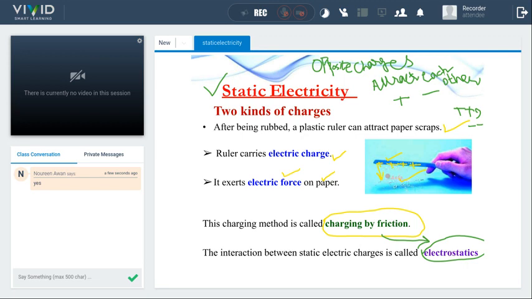That was the phenomenon of static electricity, electrostatics, because our ruler gets some charge that may be positive or negative, and the paper scrap gets the other charge. So different charges attract each other, and there must be an electric force. That whole concept of static electricity is based on the concept of charging by friction.